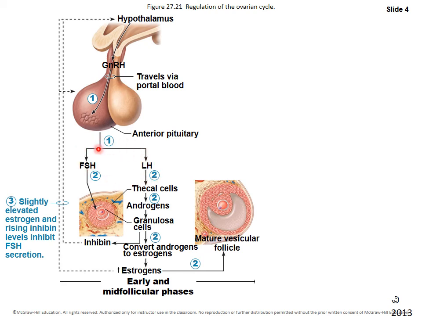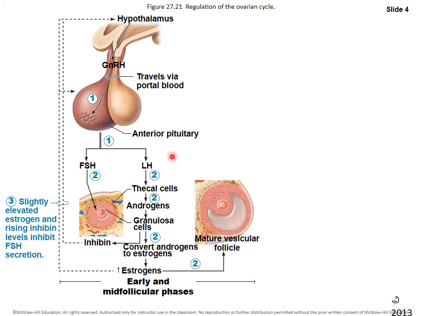So we've initiated the dominant follicle to complete its development by initial high levels of FSH and LH. But now, as we progress into the 28-day cycle, we have an inhibitory effect on FSH and LH. And again, that's through early or lower levels of estrogens and inhibin.